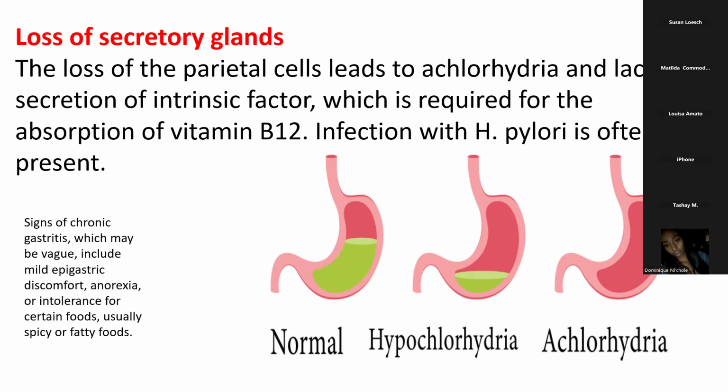So this is without hydrochloric acid. And I put a little picture down there so you could see what normal is. Okay, how much hydrochloric acid should you have in the stomach versus what these clients have. Any questions?